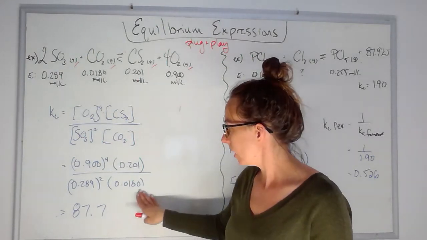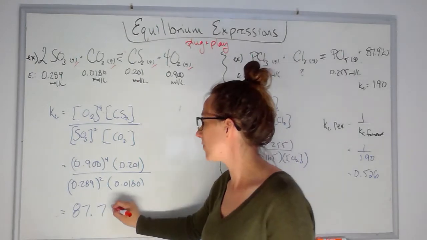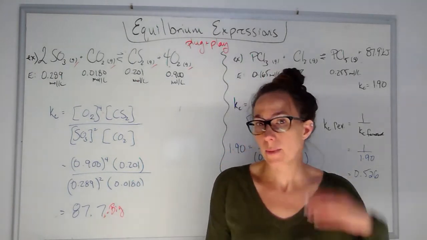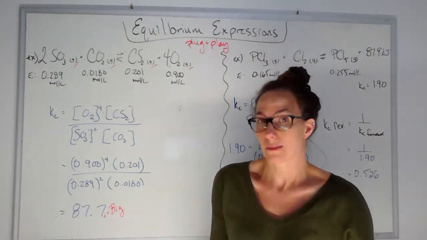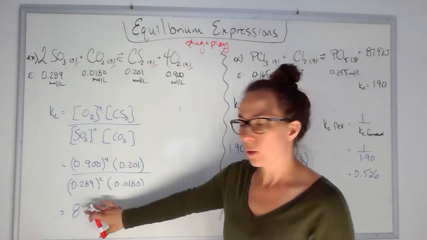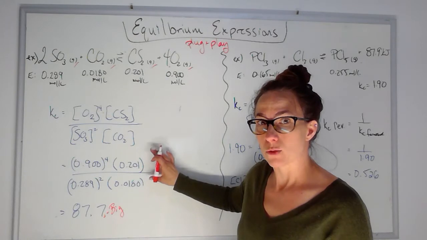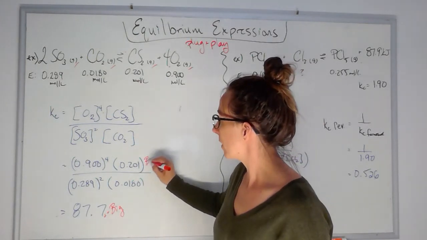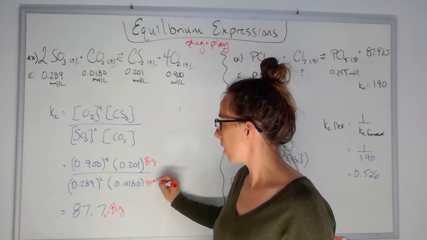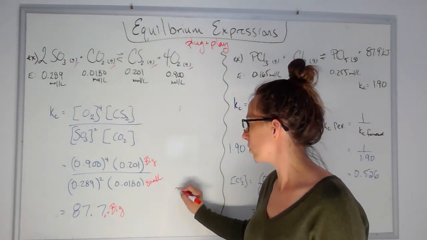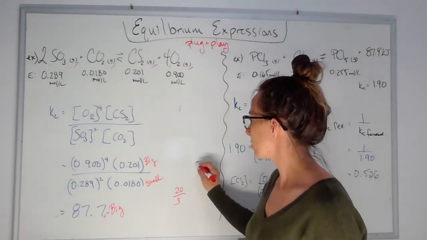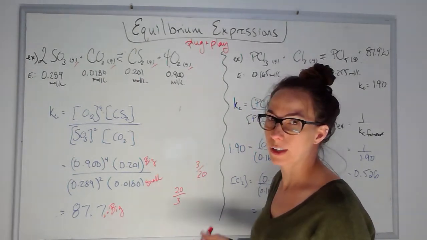answer. Now what this answer tells me is this value is super big, right? Big, by big I mean greater than 1, so this is much greater than 1. In order for that number to be greater than 1, this ratio, this quotient, this fraction, has to be big on the top and small on the bottom. For example, 20 over 3 would be bigger than 1, whereas 3 over 20 would not be bigger than 1.